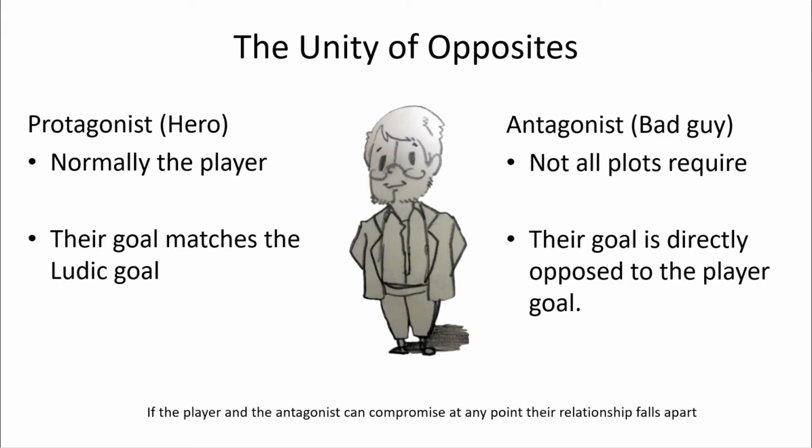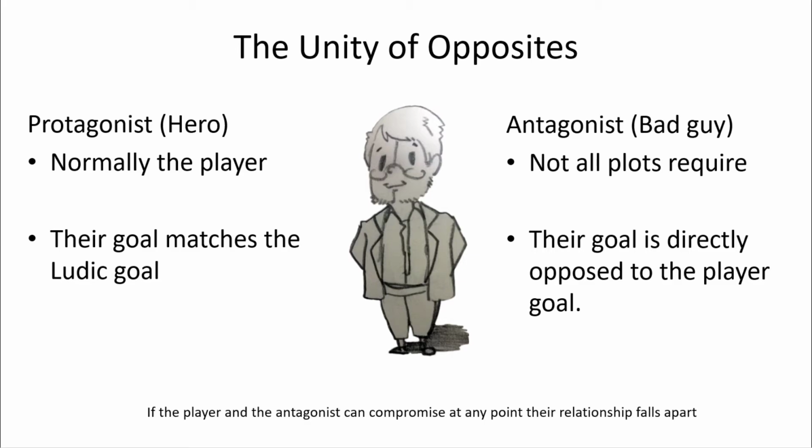Now, it's important to remember that not all plots require a bad guy. Sometimes the bad guy can purely be a survival instinct, or it can be man versus nature, or a disembodied bad guy. But when we do have a bad guy, their goal is in direct opposition to the player's goal.